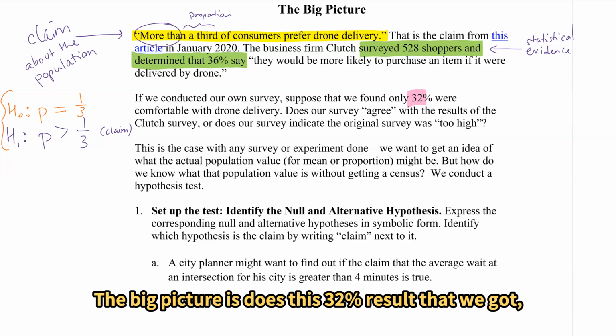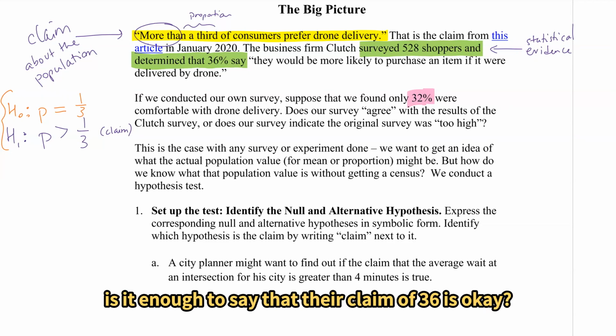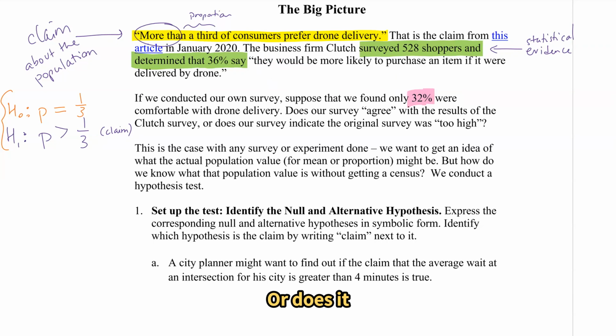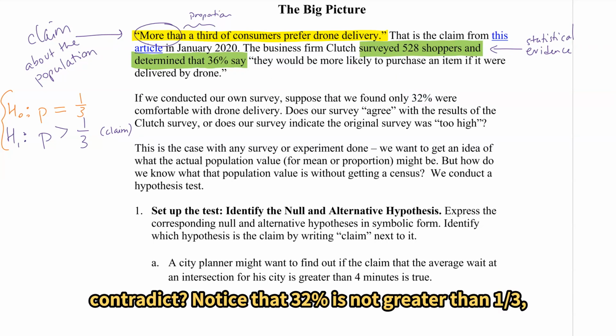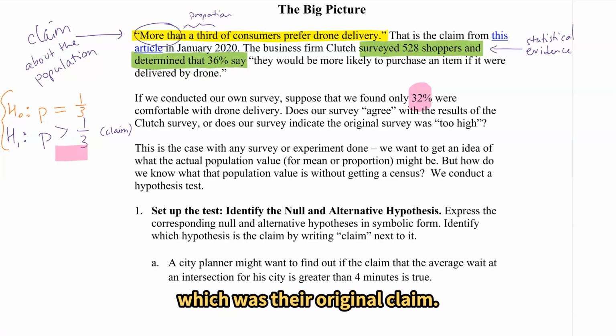The big picture is, is this 32% result enough to say that their claim is okay? Or does it contradict? Notice that 32% is not greater than 1/3, which was their original claim.